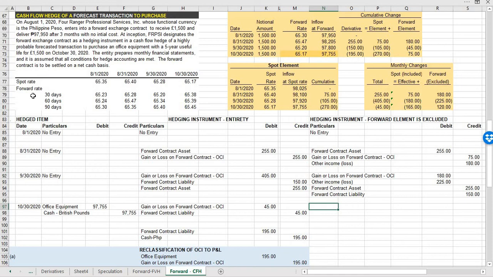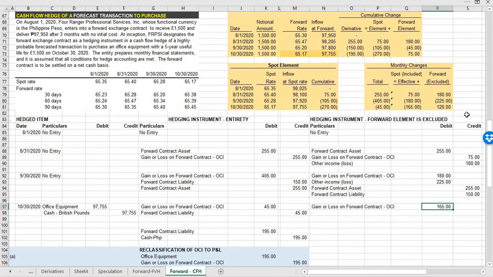So, ngayon, October 30, 2020, ano ang ating journal entry for this date? So, ganun pa din. I-recognize natin yung loss na 165 related to the spot element at yung 120 related to the forward element. So, unahin natin yung related sa spot element. Sabi, mag-recognize daw tayo ng loss na 165. So, tayo ay debit ng loss, OCI, 165. At for the forward element naman ay 120 pero positive ito. So, gain ito.